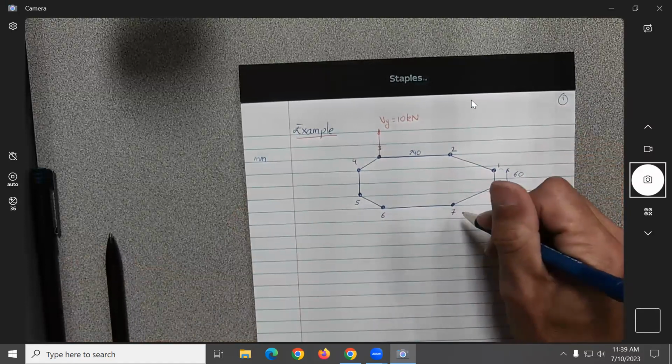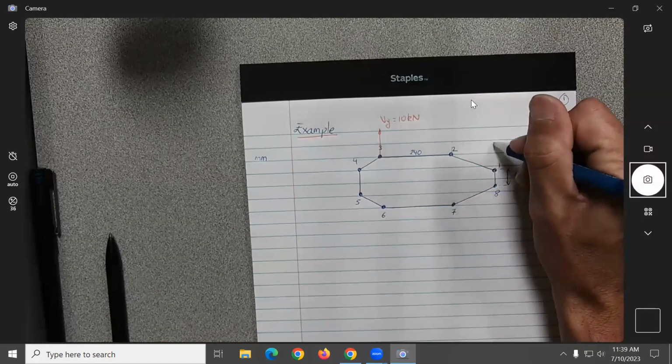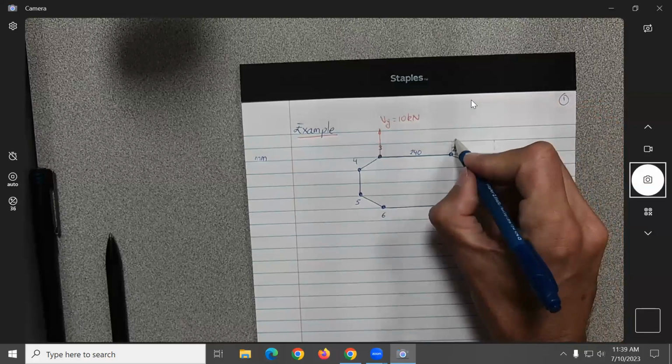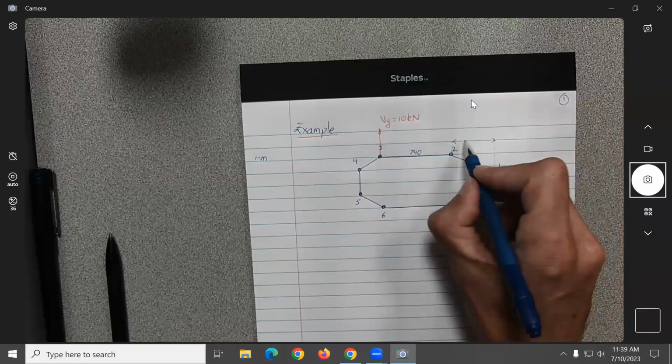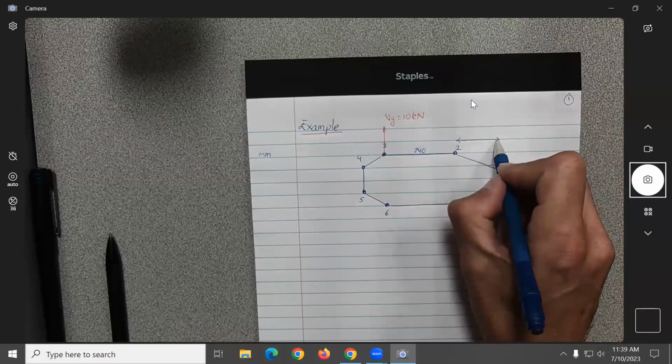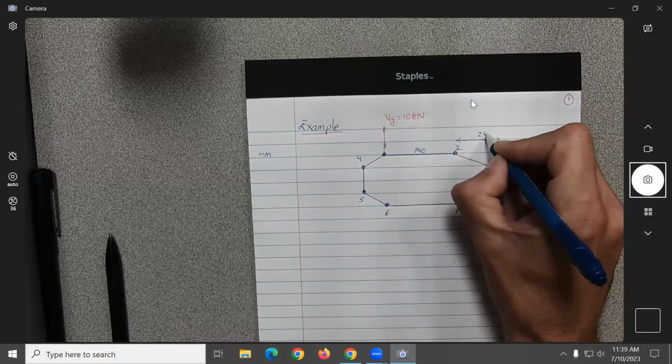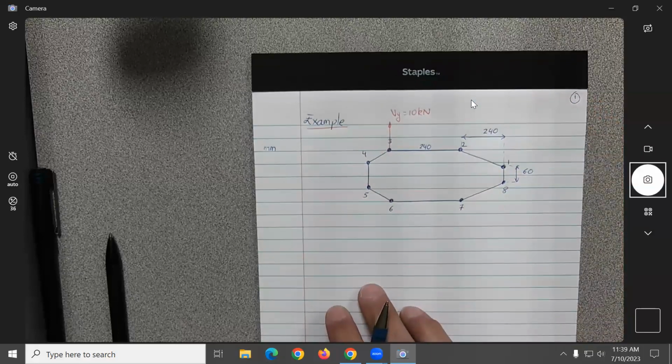240. This distance over here is 240 as well.